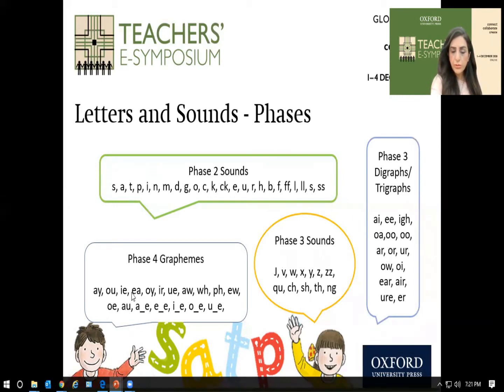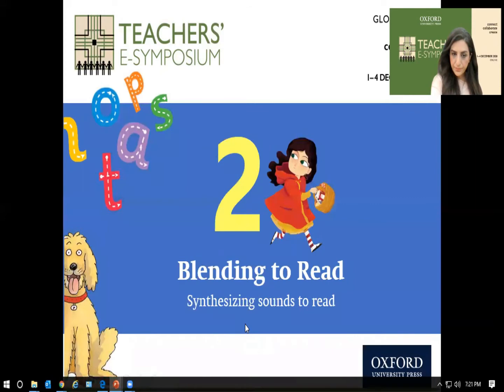So you also introduce split graphemes. That means that there will be another letter between these, but they essentially represent one sound. So there's usually another letter between these.